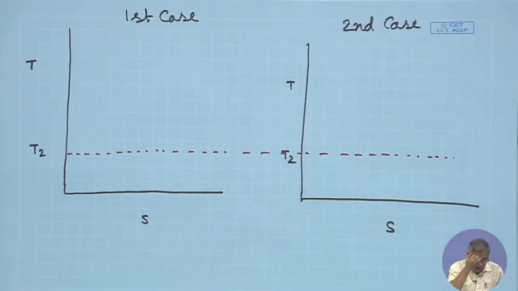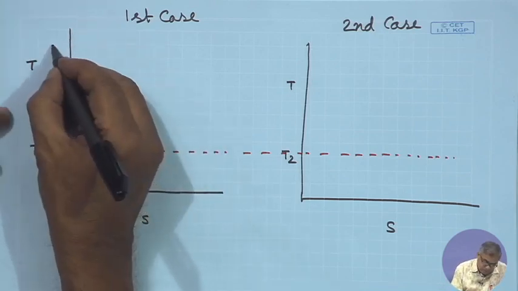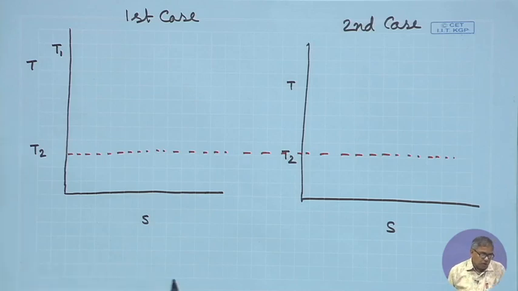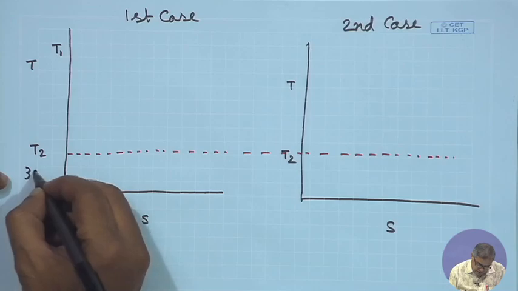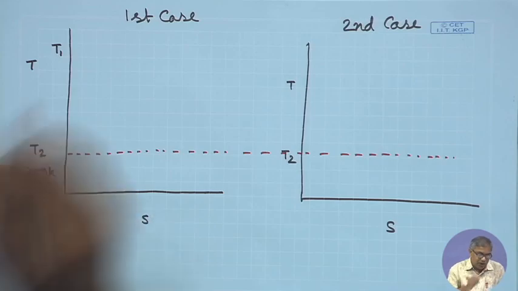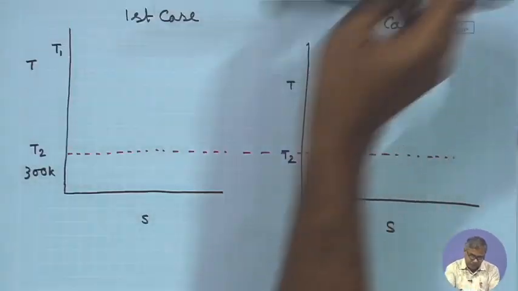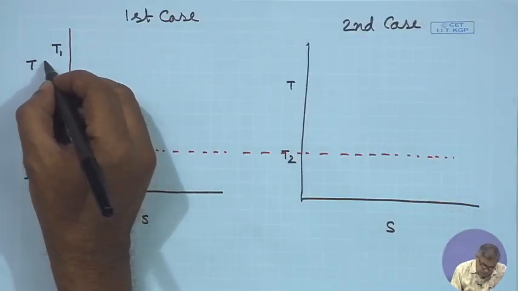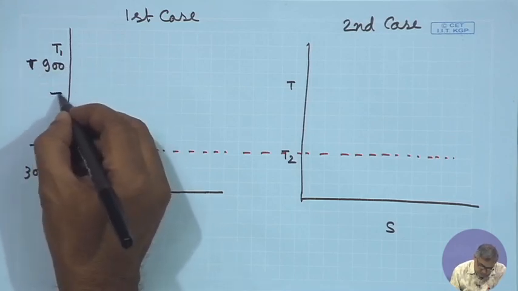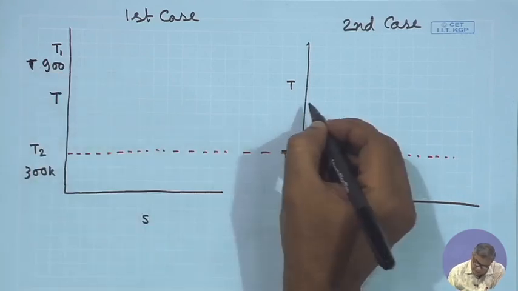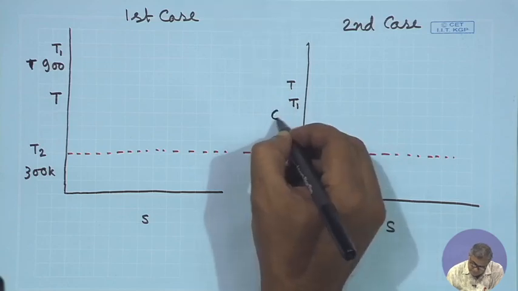In the first case, T 1 we had at 900 K, if you recall. So, this is your 900, let us put T here, and in the second case T 1 is 600.